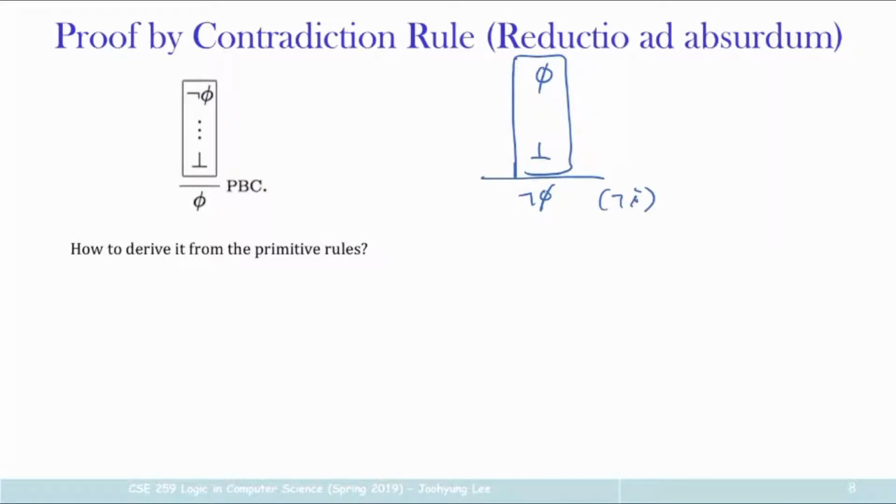The PBC rule, proof by contradiction, is very similar, but it starts with the negated formula. So given the negation, and you somehow prove a contradiction called bottom, then you can derive that phi is true. Suppose you're given this thing.